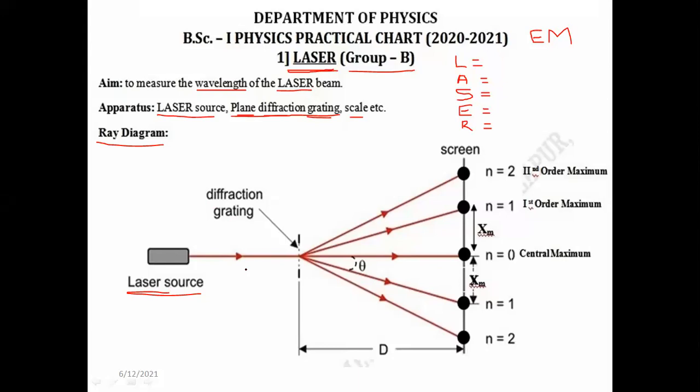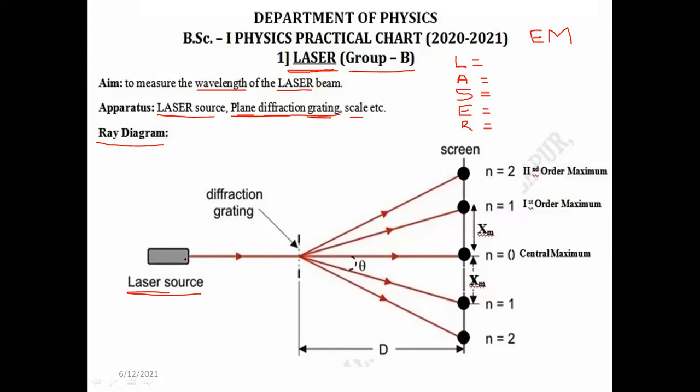You are observing that this light is red light. Purposefully I have drawn red color because this is the ruby laser, and the color of ruby is red. Whenever you come to the physics practical lab, you will observe that the ruby laser has red light, and therefore red light is coming from the laser source.